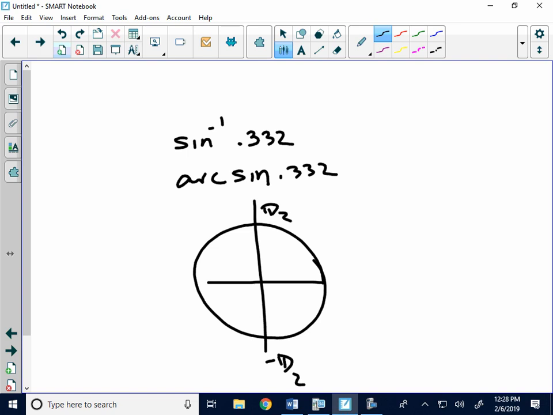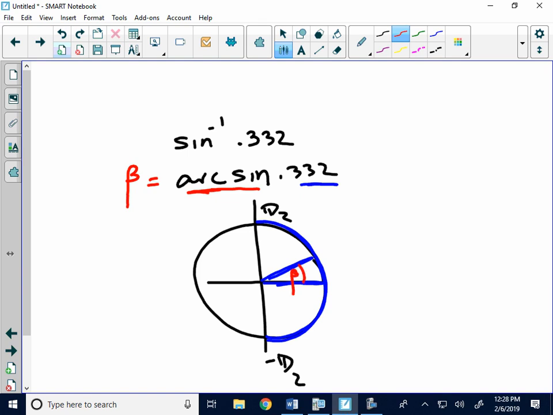You can go back and look at your notes about the way the sine wave was restricted. And because this sine is positive, I'm sitting about here. So again, maybe I can think about this arc as being something. This time I'll call it beta. Beta is an arc or an angle that has a sine of 0.332. So here's beta right here.